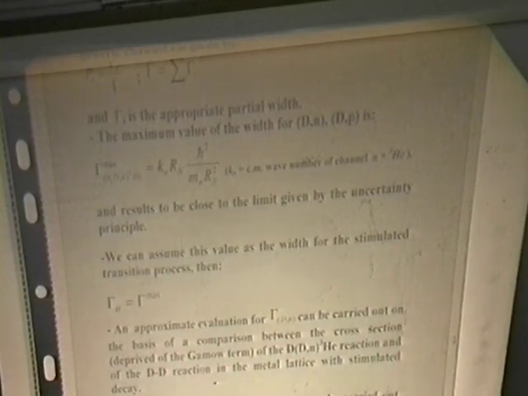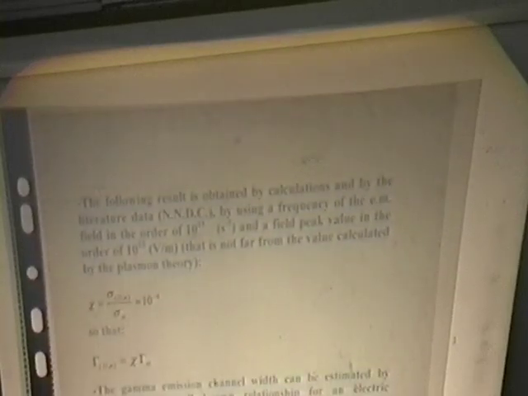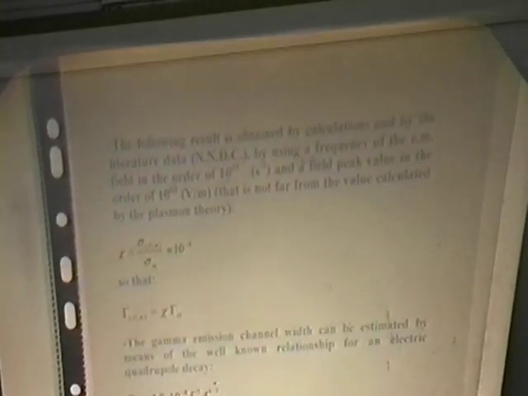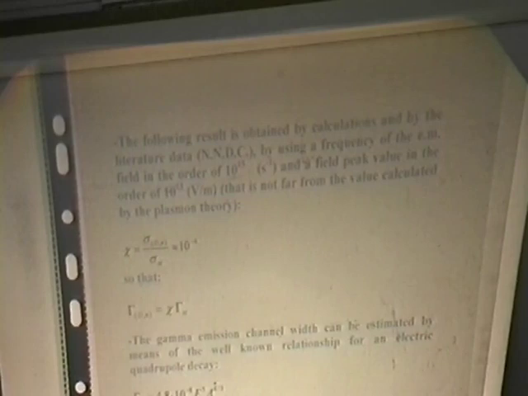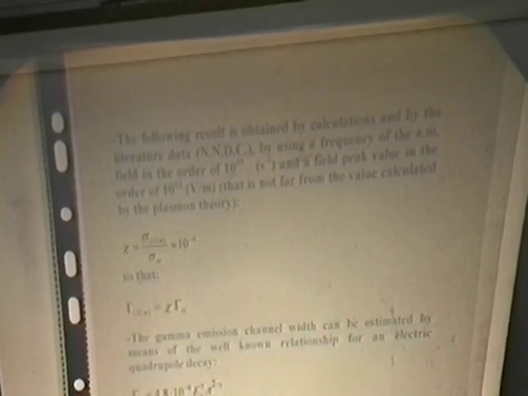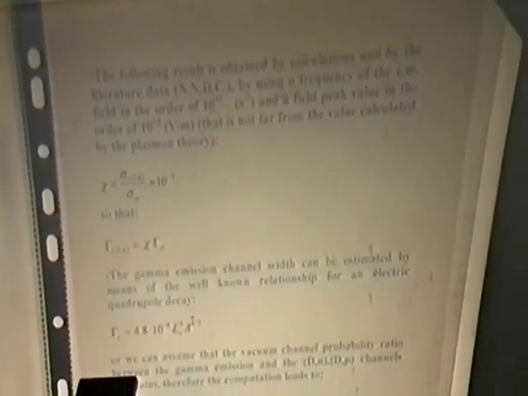The other terms that we have to compare with this can be obtained from literature data, I mean the Bulgarian National Nuclear Data Bank, the cross-section value for 1 keV, and this cross-section value is of course deprived of the gamma term, because we are accounting for the decay problem, and the previous cross-section considered just this aspect.